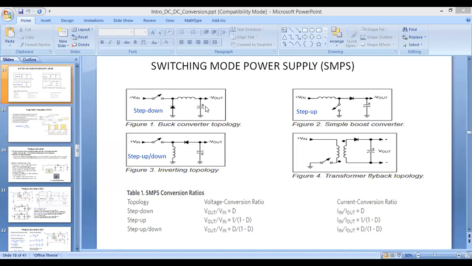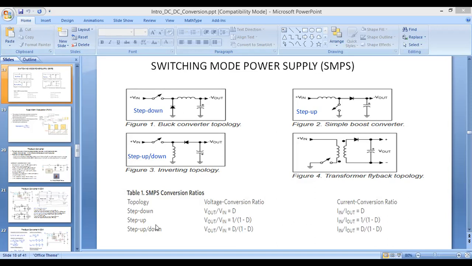If you calculate for the step down, the buck converter, you will get V out upon V in equal to D. And if you derive the current conversion ratio, the ratio of input to output, you will also get D. For the step up, you will get V out upon V in equal to 1 upon 1 minus D, and this is also the ratio of input current with respect to output current.